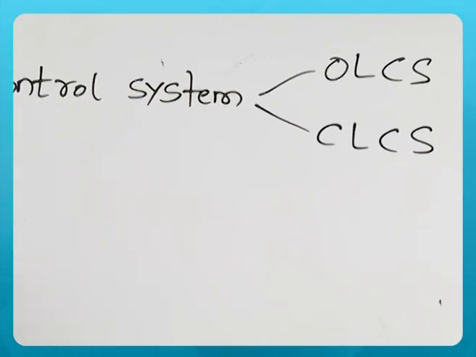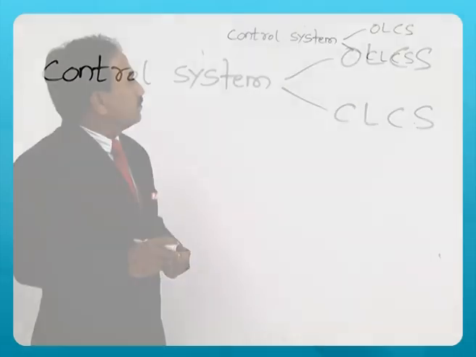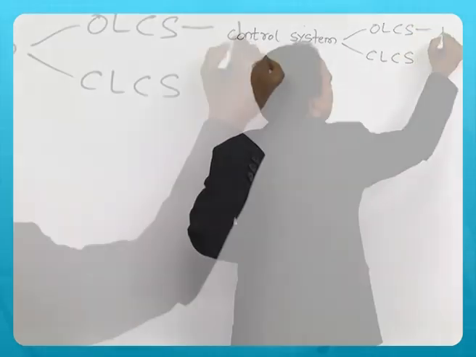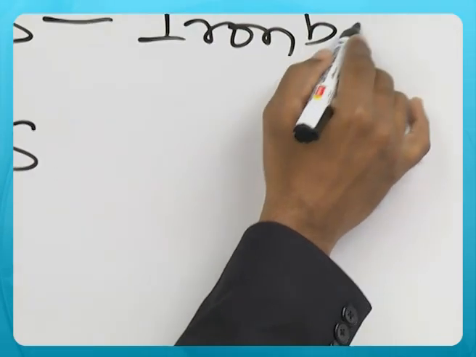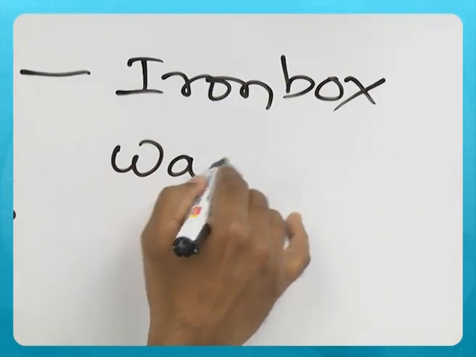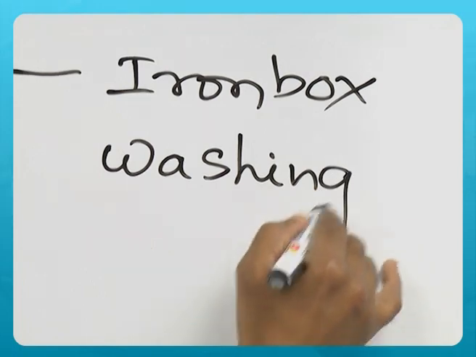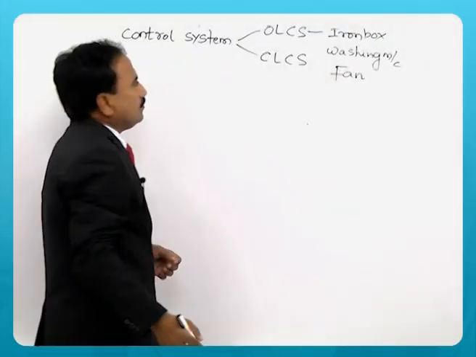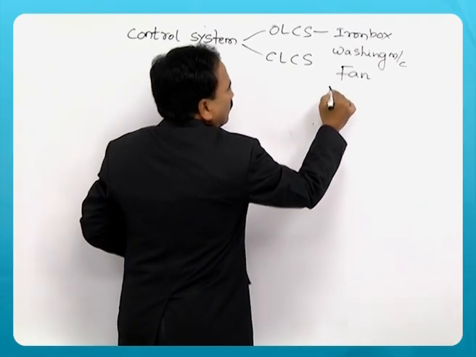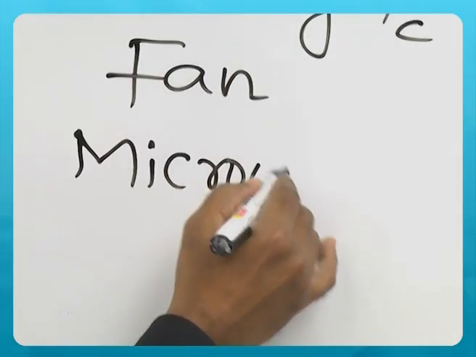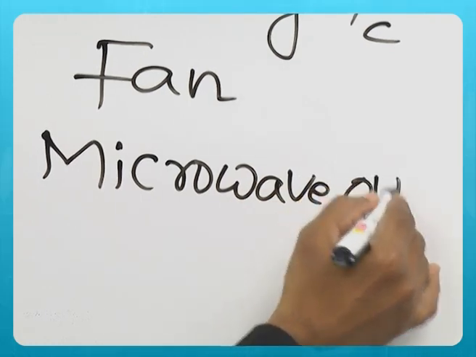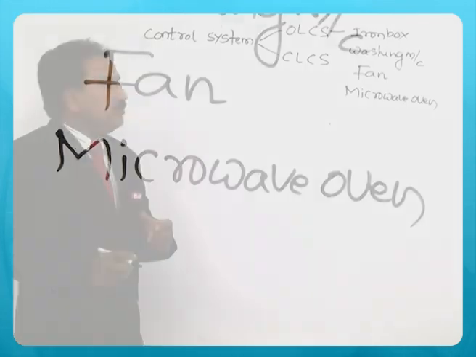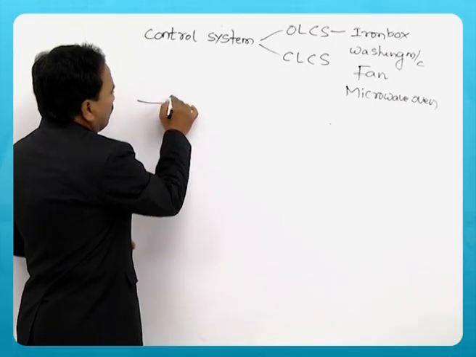The examples of open loop control system are iron box, washing machine, a fan, microwave oven, etc.